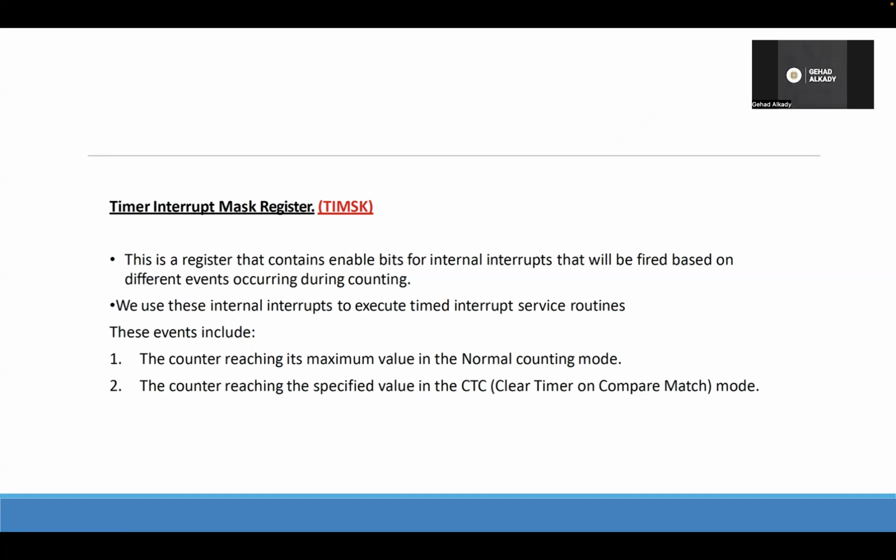So we enable the interrupt bits with this register, and it also has 2 modes. We can use the interrupts in the normal mode, and we can use the interrupts in the CTC mode, or the clear timer on compare match mode.